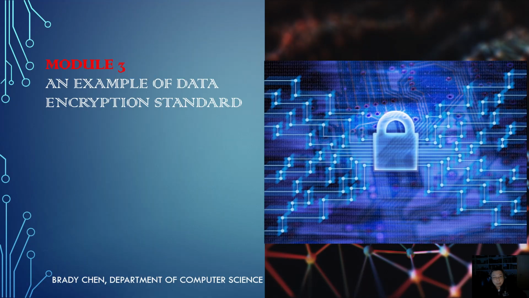Today, I would like to talk about the Data Encryption Standard, sometimes called the DES. DES was issued by the National Bureau of Standards, now called NIST, the National Institute of Standards and Technology. The DES was the first encryption algorithm the US government approved and then widely adopted by industries that needed strong encryption.